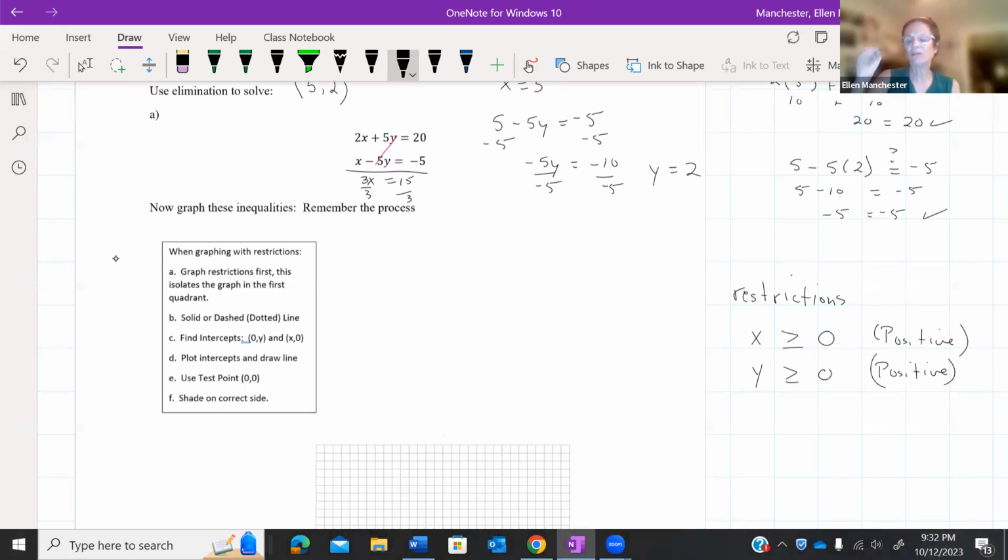Now, the reason why there's these restrictions is because when we get into our word problems or our applications, if we're looking for how many tables and chairs are we needing to build to make a certain amount, you're not going to have a negative number of tables and chairs. Or if you're looking for how many tickets, children's tickets, adults tickets, how many tickets are we going to have to sell? You're not going to sell a negative number of tickets. So that's why everything has to be positive.